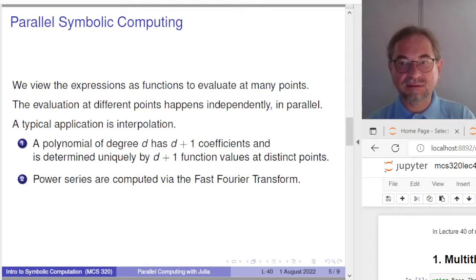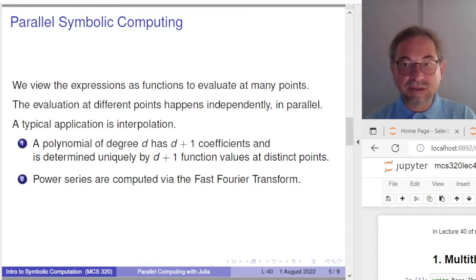Why is this an interesting view? Well, the evaluation of expressions can happen independently and therefore can happen in parallel. So computing a polynomial of degree d in principle can be done d times faster.